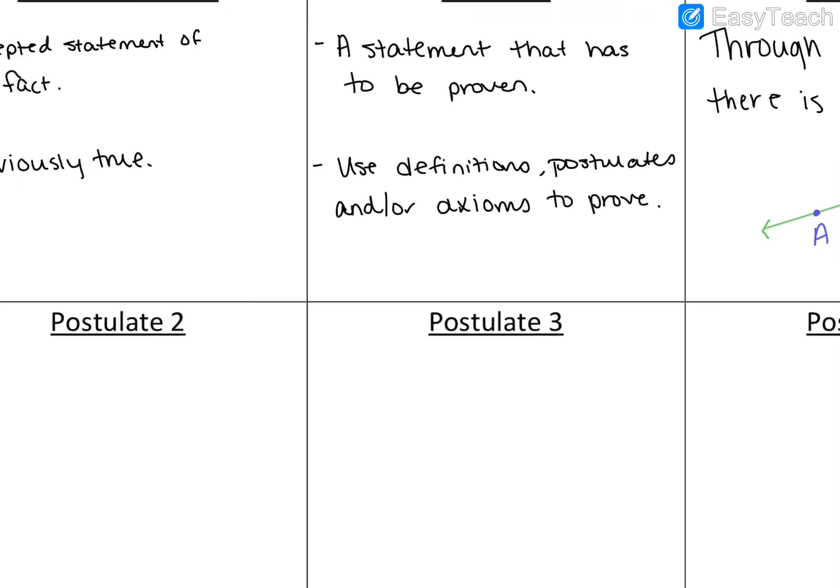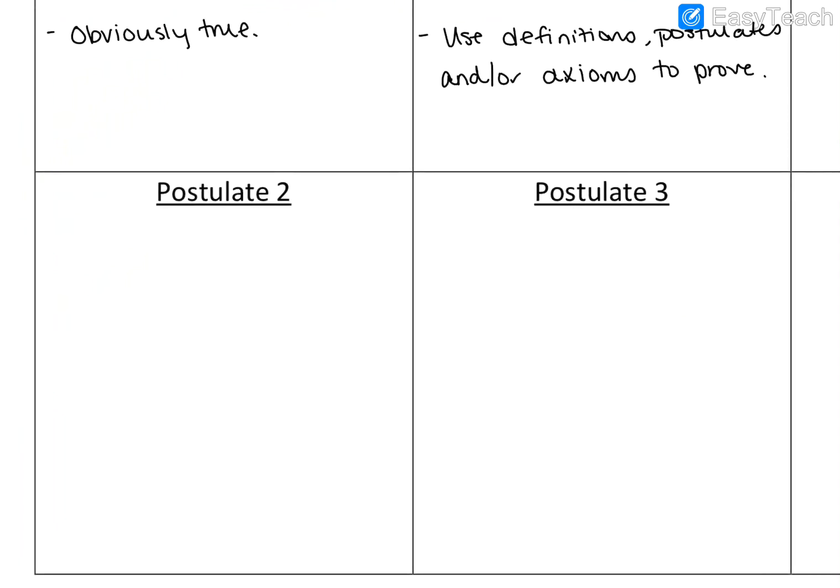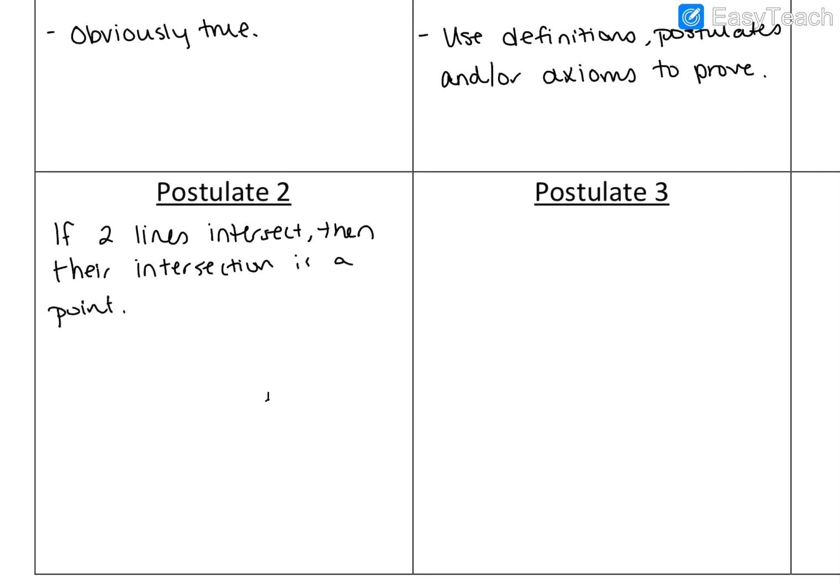So there's postulate 1. Postulate 2 says, if 2 lines intersect, then their intersection is a point.